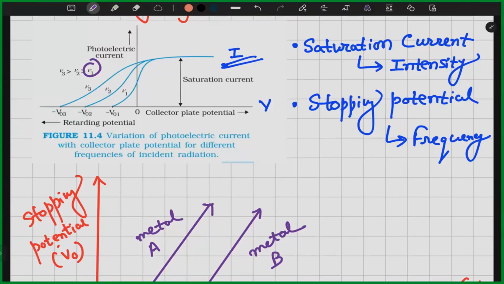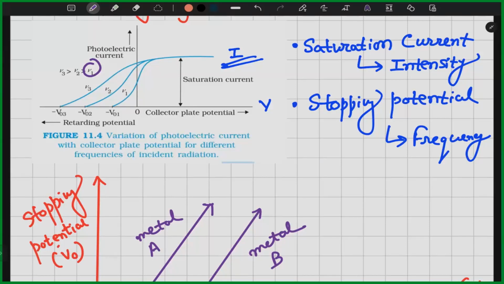It means that at the saturation current, all emitted electrons are able to reach metal plate A using that external potential. So there is no factor of the frequency of the radiation. Let's say in the first case 30 electrons are able to reach metal plate A using their own kinetic energy, right?